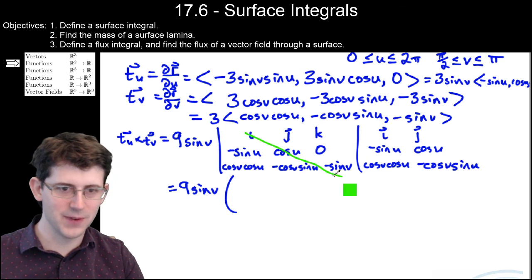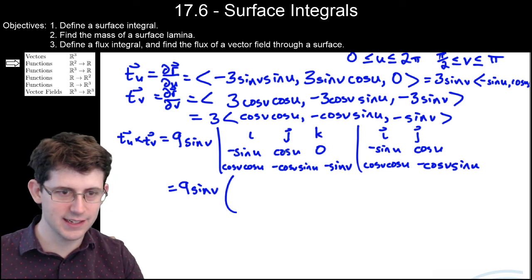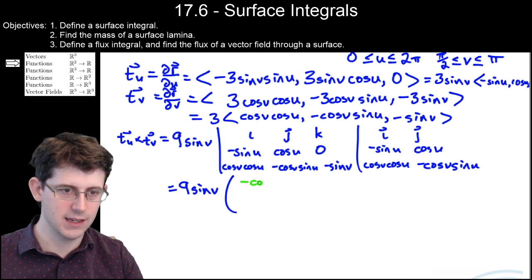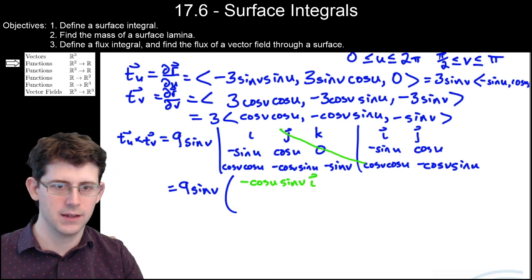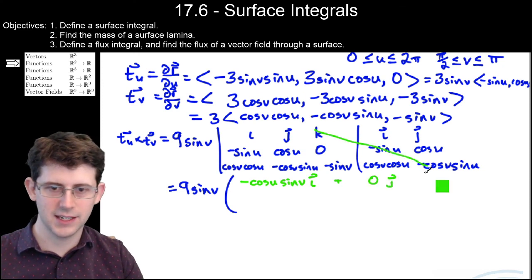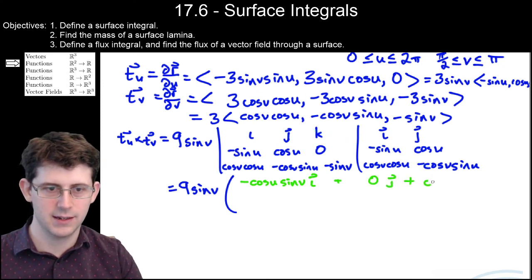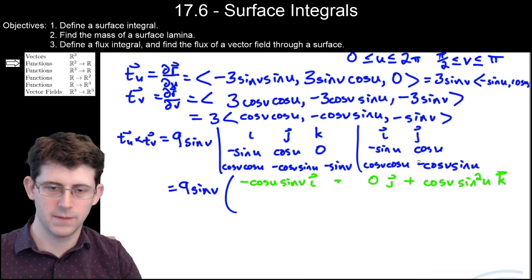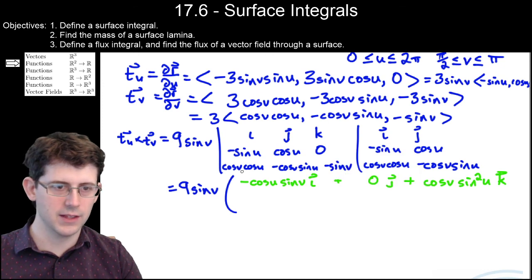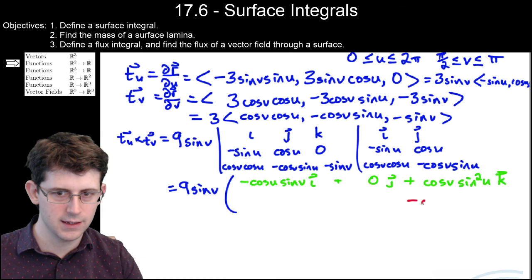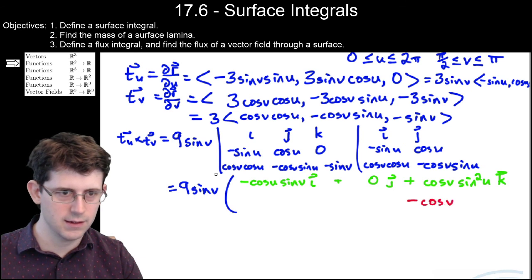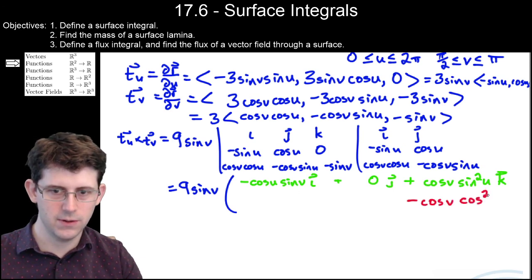Anyway, the forward way, I get minus cosine u sine v in the i direction. In the j direction, I've got nothing. In the k direction, I've got plus cosine v sine squared u. Going the other way, in the k slot, I've got minus cosine v cosine squared u.